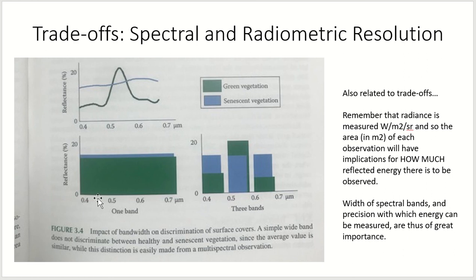So if you're making one measurement, one band, over 0.3 micrometers, you're going to have the sum of the energy over each of the three smaller bands, say from 0.4 to 0.5, from 0.5 to 0.6, and so on. The amount of energy, more in larger bands and larger pixels, is going to influence how precisely you can measure the energy that's there, so the radiometric resolution.